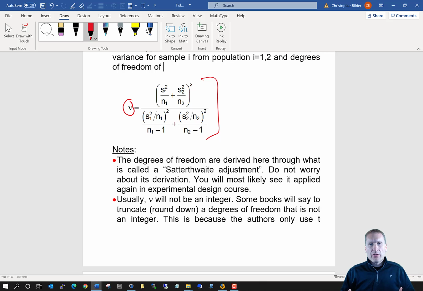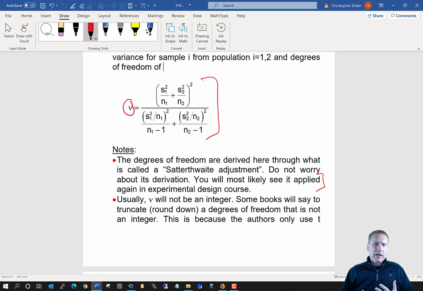Where this degrees of freedom comes from is actually an approximation, often referred to as a Satterthwaite adjustment, named after the person who came up with the idea behind it. You don't need to worry about the corresponding derivation of it here. Now, you may actually see the name Satterthwaite come about again in other stat courses if you take more past this one, in particular with respect to experimental design courses.